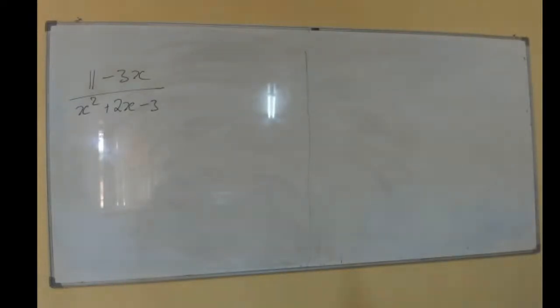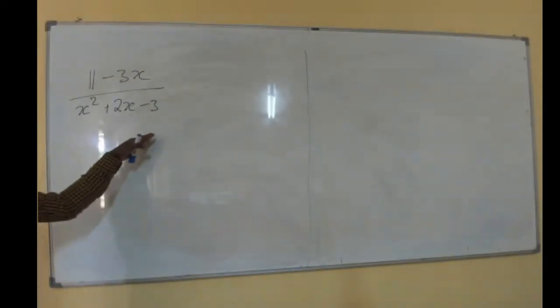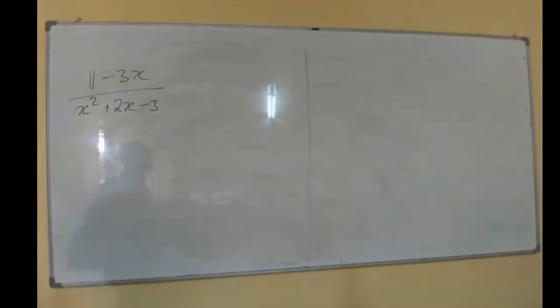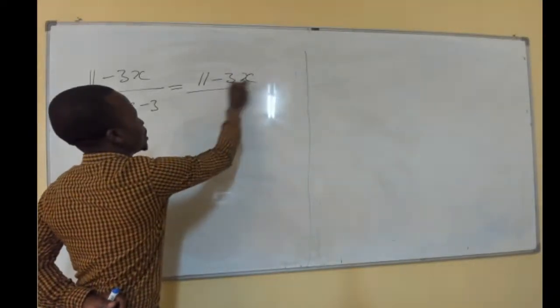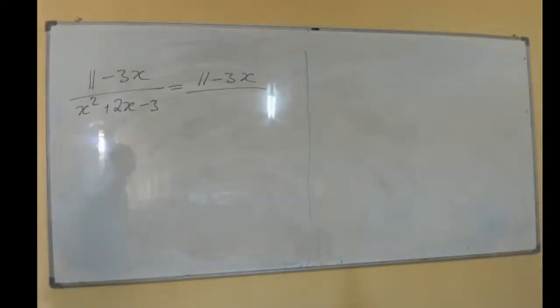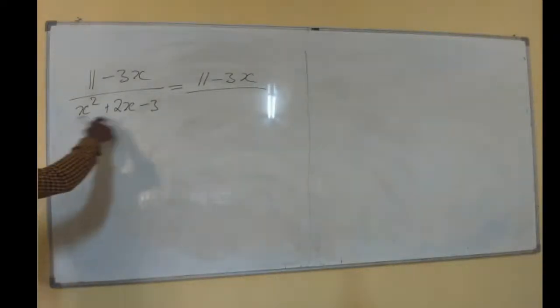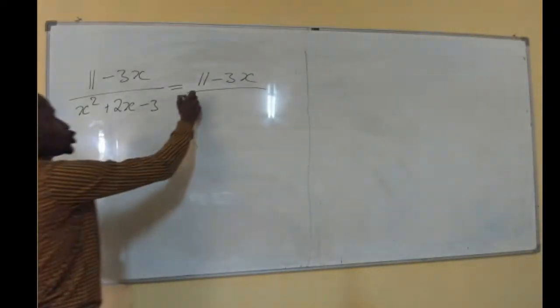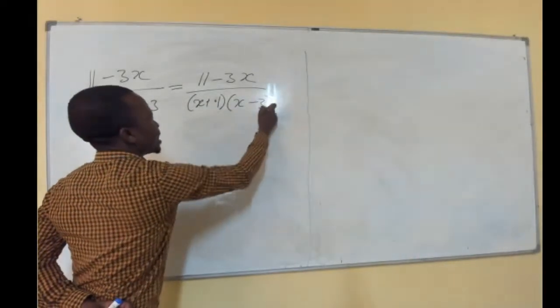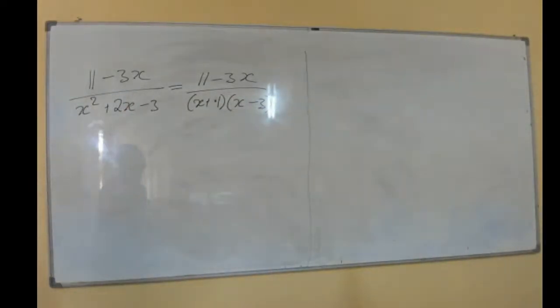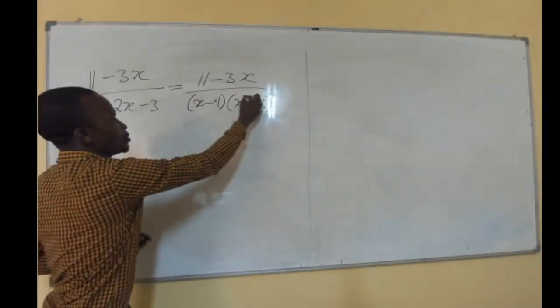Okay, so now if you look at this rational function, we can convert it into partial fractions. We can also write it as (11 minus 3x) divided by, when you factorize this quadratic denominator, (x minus 1) multiplied by (x plus 3).